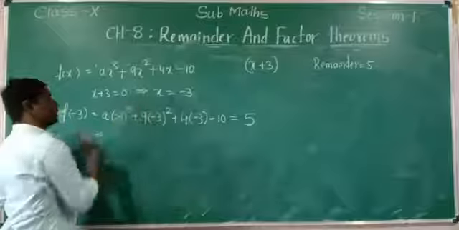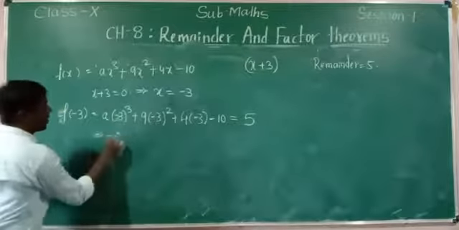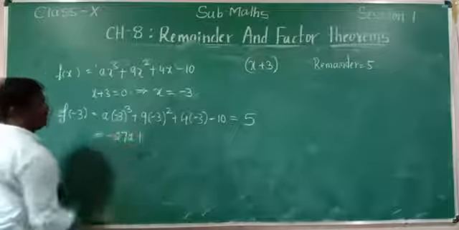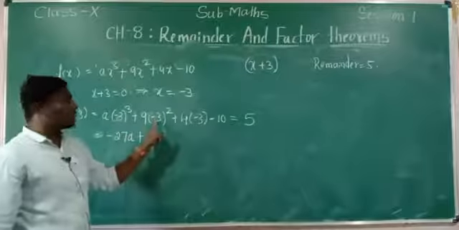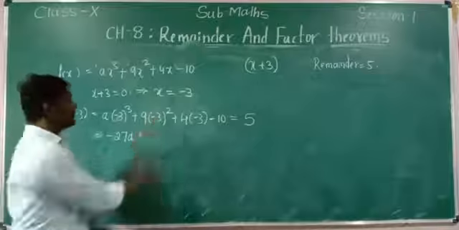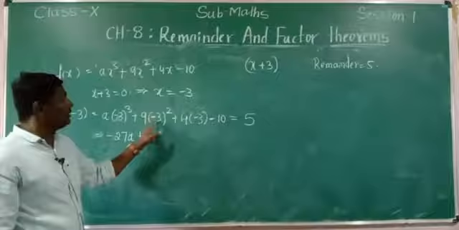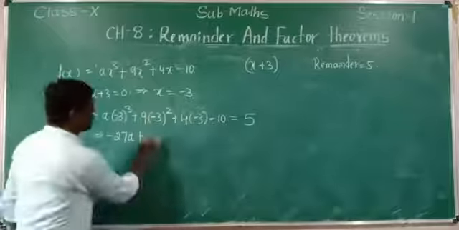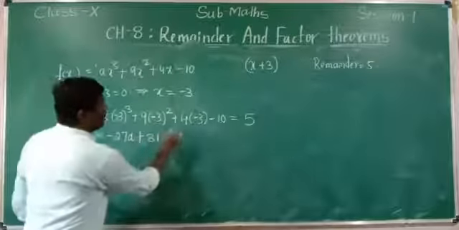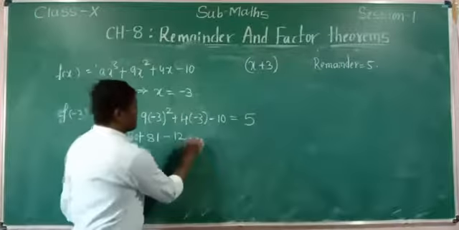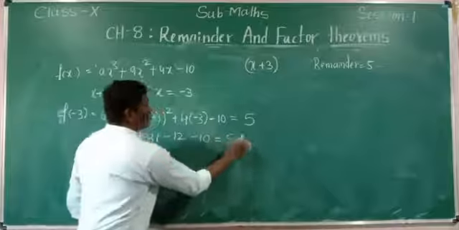Minus 3 cube is minus 27, into a is minus 27a, plus minus 3 square is plus 9, minus 3 into minus 3 is 9, plus 9 9s are 81, plus 4 into minus 3 is minus 12, minus 10, which is equal to 5.